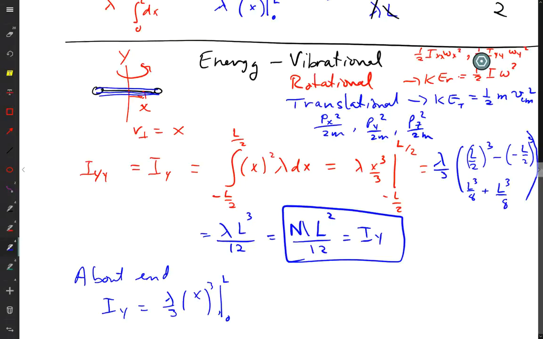The 8 came from 2 cubed before. So notice it's 4 times bigger if I did it about the end than if I did it about the center. So you have to pay attention to the axis you're rotating about. Makes a big difference.